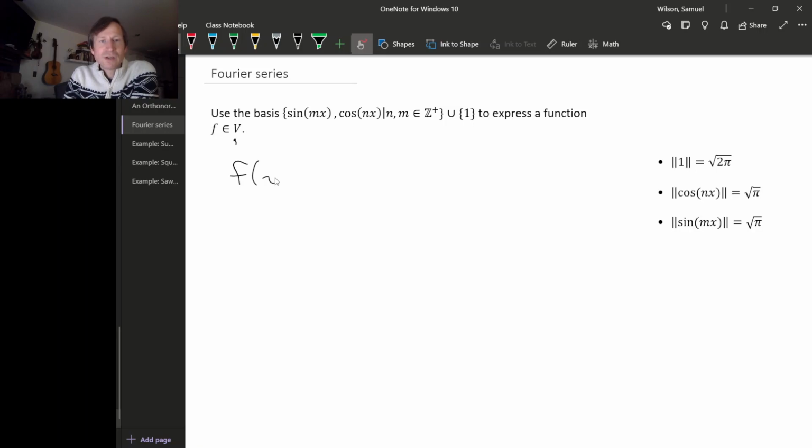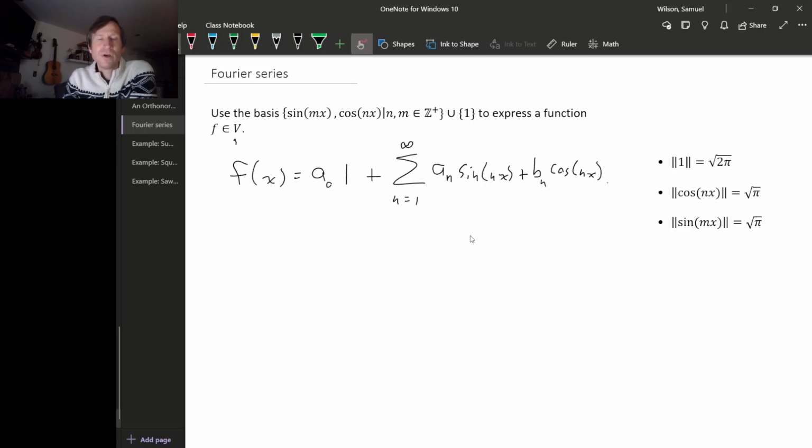but because this is a basis, we can write such a function as some multiple of 1, which we'll call this coefficient a sub 0, times 1 plus, and then we might need infinitely many of these sines and cosines, so we'll have to do a sum from n equals 1 to infinity, but we'll have a coefficient, we'll call it a sub n, times one of the sine functions, so sine nx, plus another coefficient, which we'll call b sub n, times cosine nx.